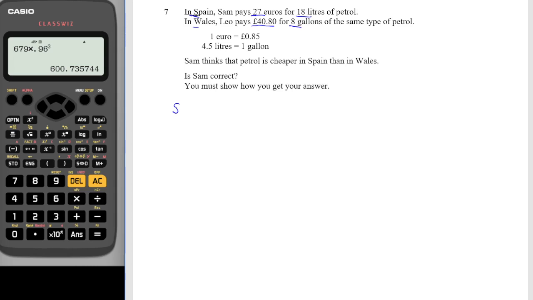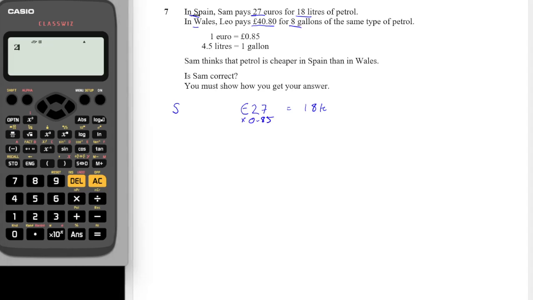So if we've got €27 and we get 18 litres for that, then if I want to convert that into pounds, I'm going to times by 0.85.